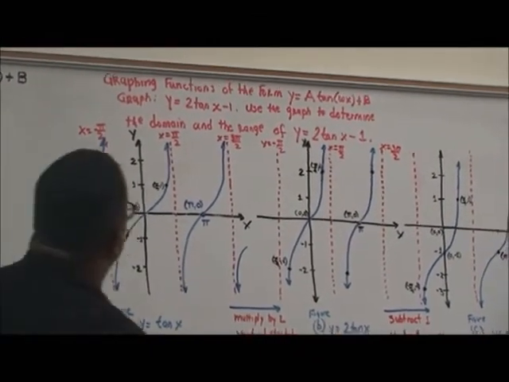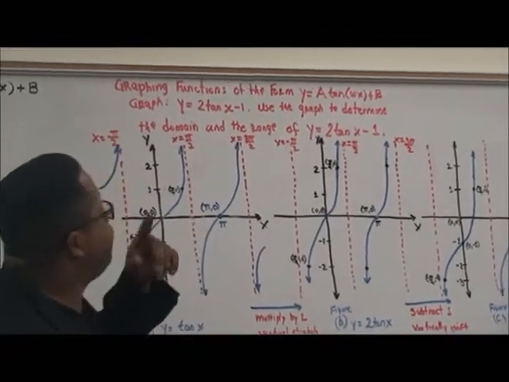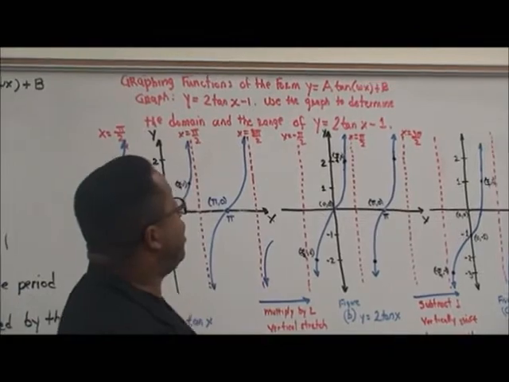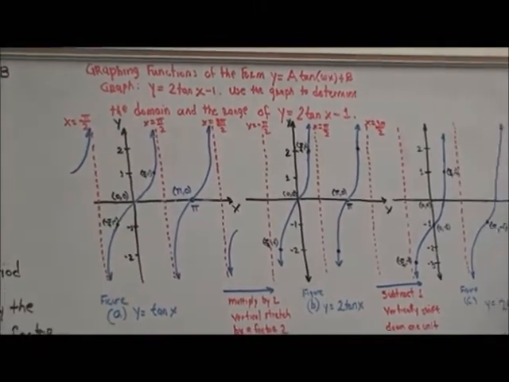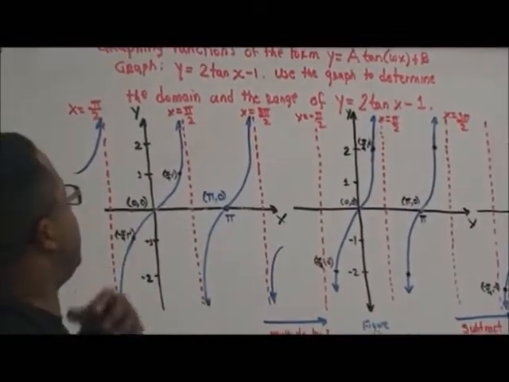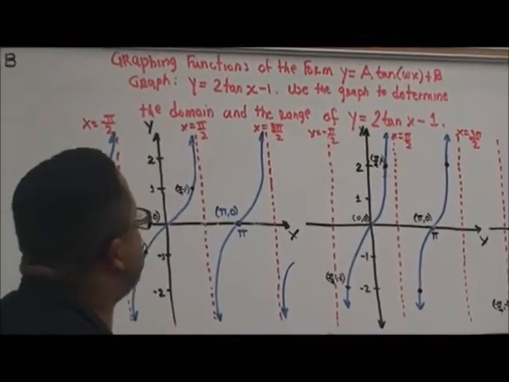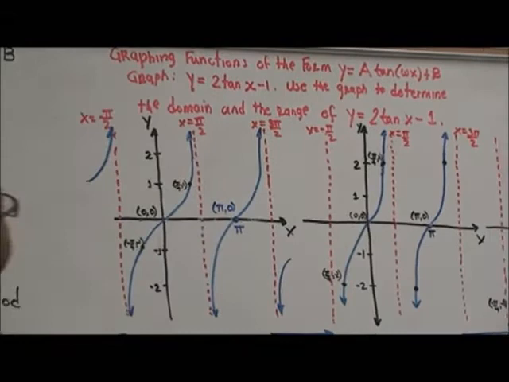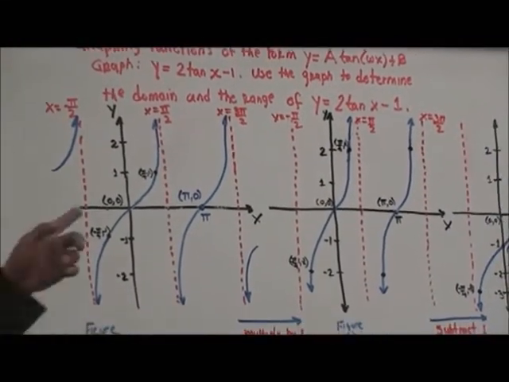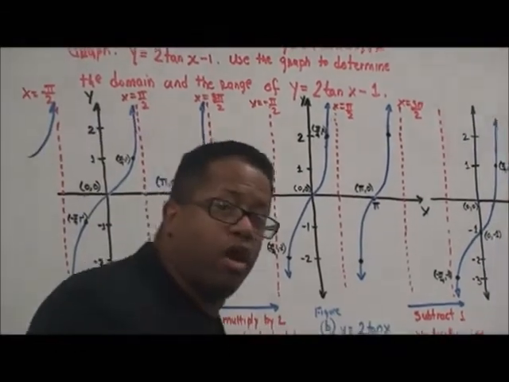We want to graph y is equal to 2 tan x minus 1, and use the graph to determine the domain and the range of y is equal to 2 tan x minus 1.